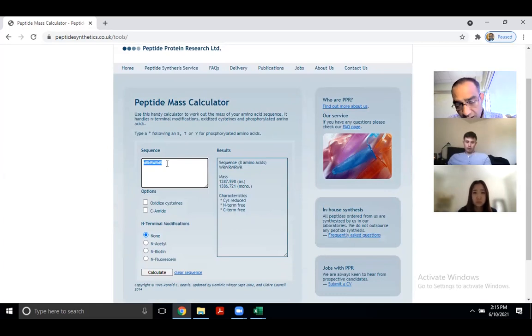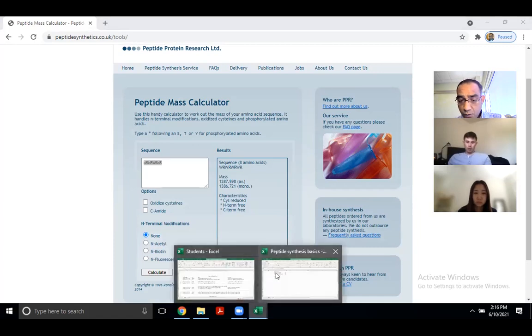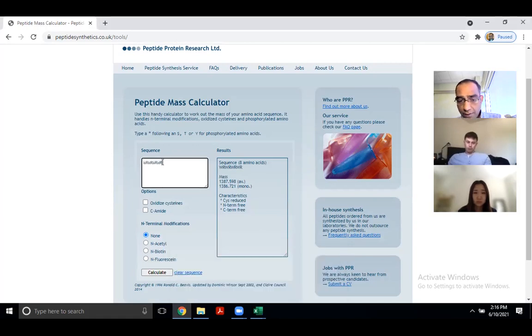1386. Yes, 1386 what? Mole. Please be confirmed, clear that concept. I told you what is mole. Amount of substance expressed in gram is called its 1 mole, right? So I have this peptide which is W4R4, and the mass is 1386 AMU.